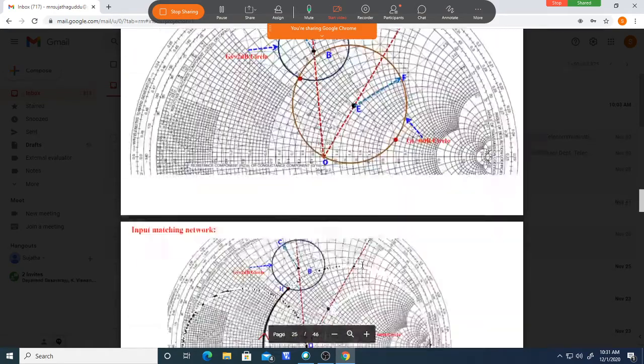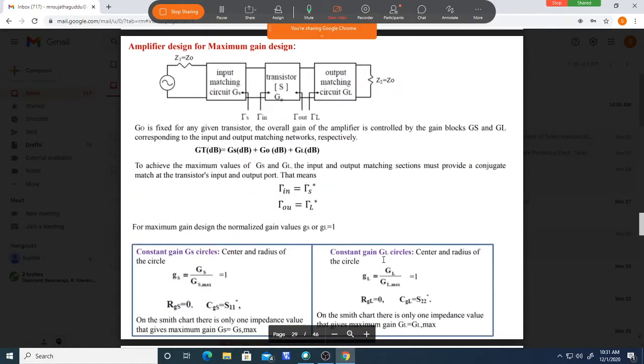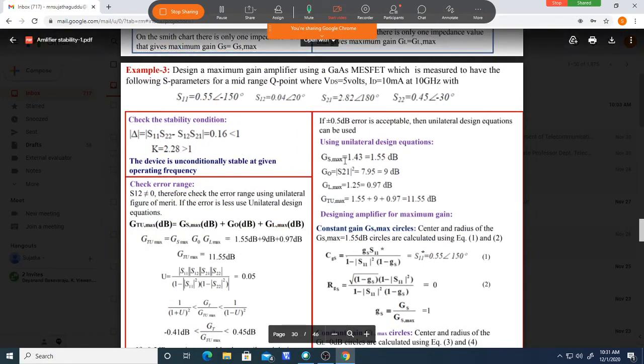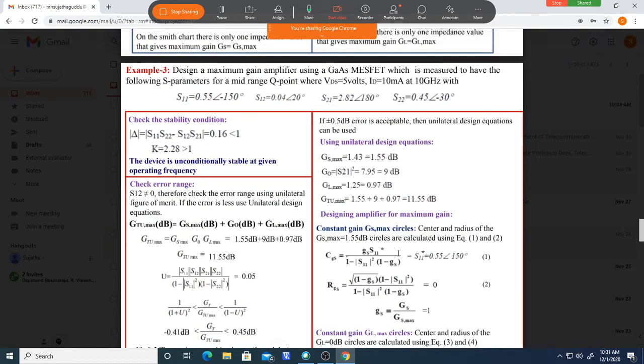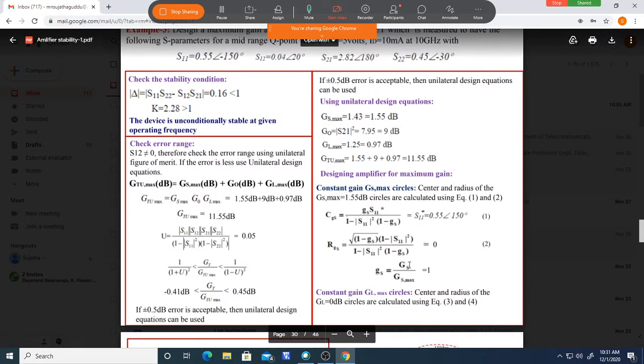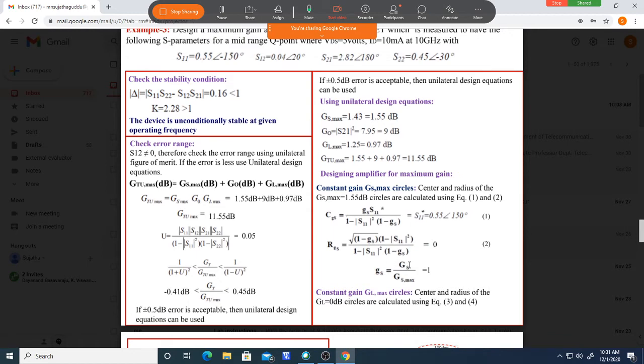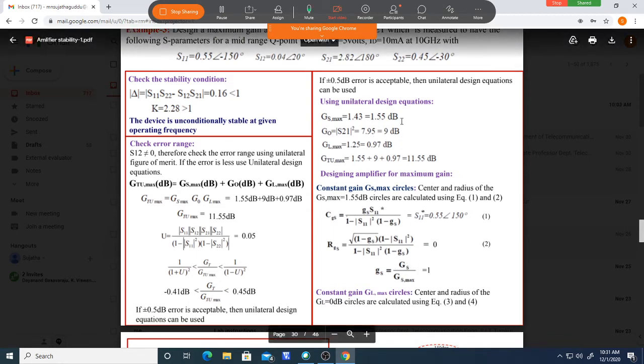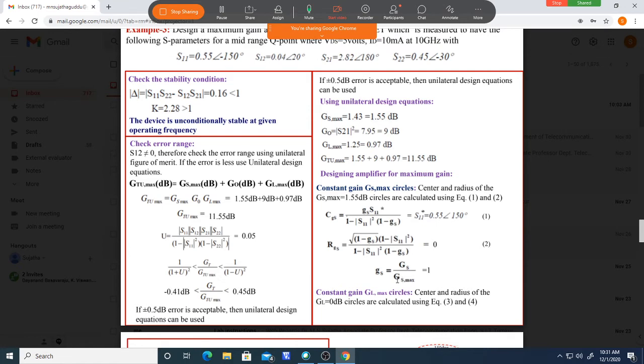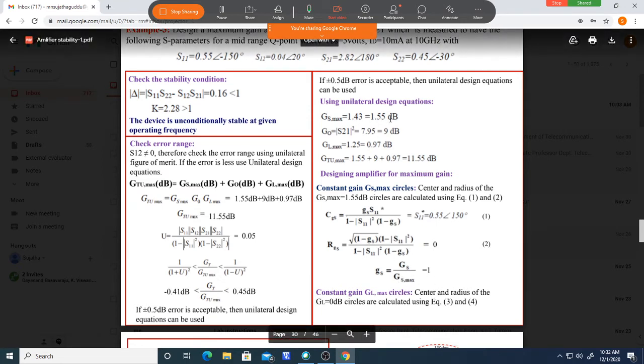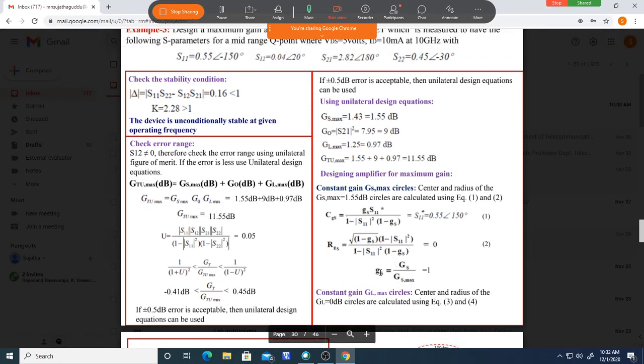But in the present problem, GS maximum itself is the value required here, that is 1.55 dB. Here GS maximum itself is 1.55 dB, so what is GS? GS is equal to 1.